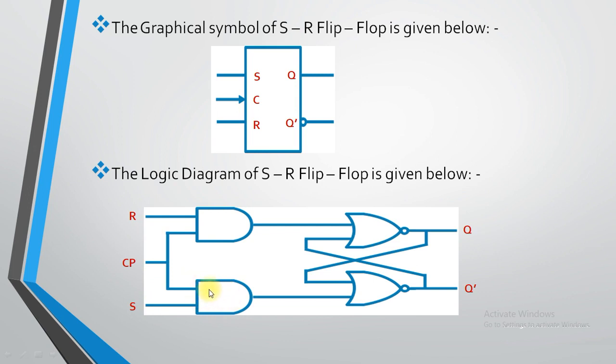Only this change is there. Instead of S and R, you just need D as the input variable. And the clock pulse is there because it is a flip-flop, so you must pass the clock pulse.